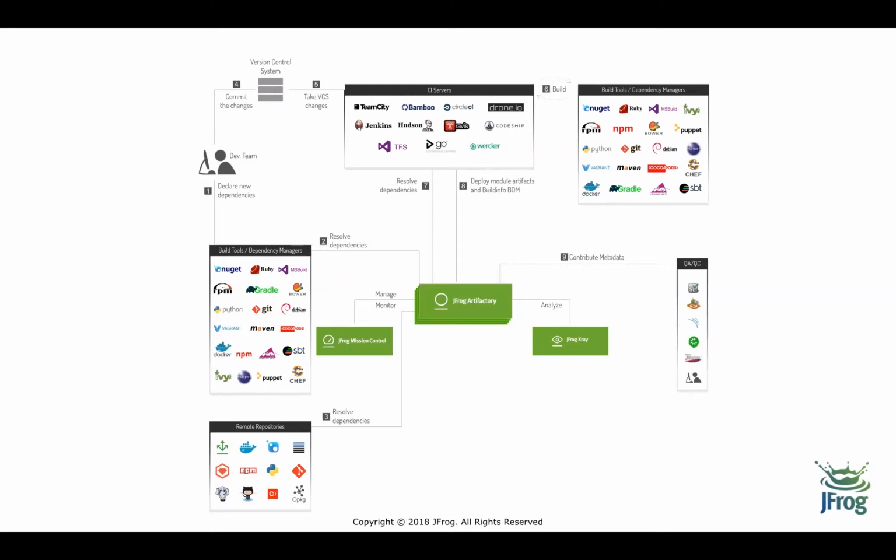Additionally, as the QA team gets to take a look at the code, so if the code gets automatically deployed to a QA environment, for example, the QA team can, in addition, contribute to the metadata. The QA team might be using tools like JMeter in order to validate and qualify a certain build.